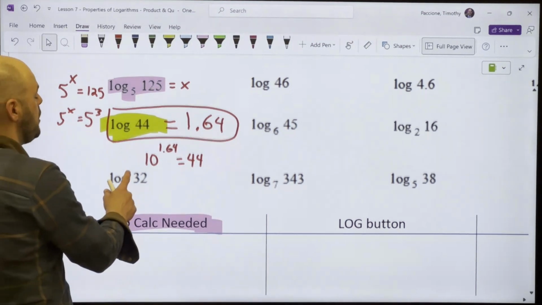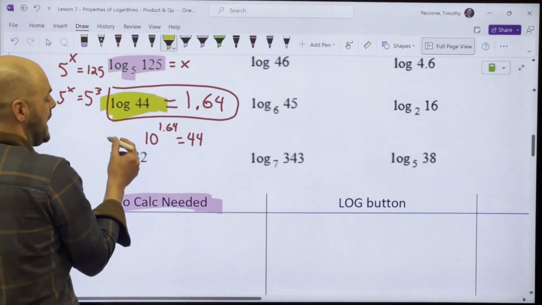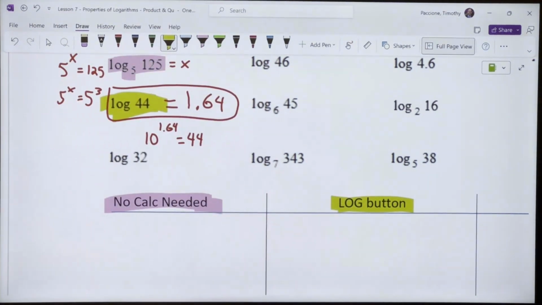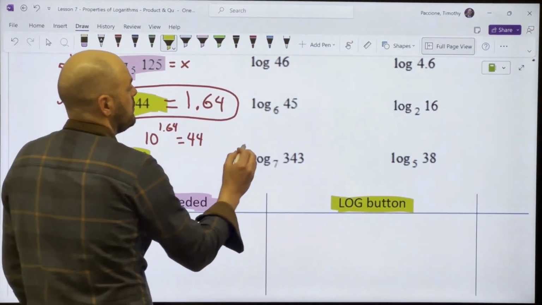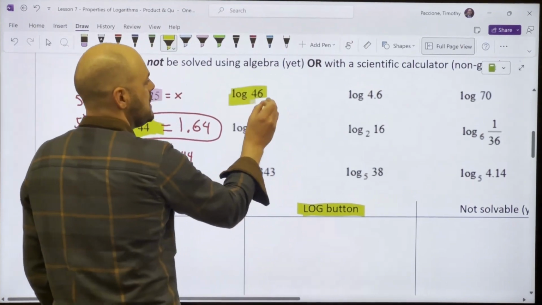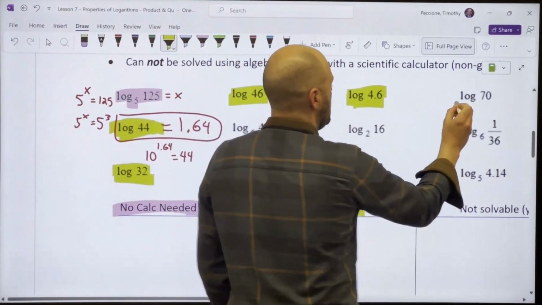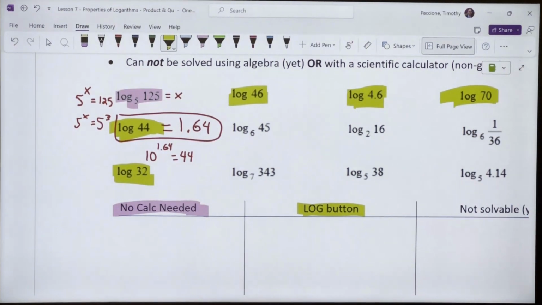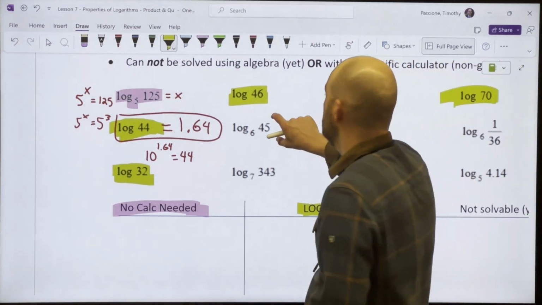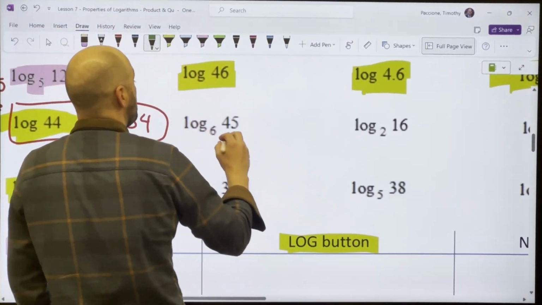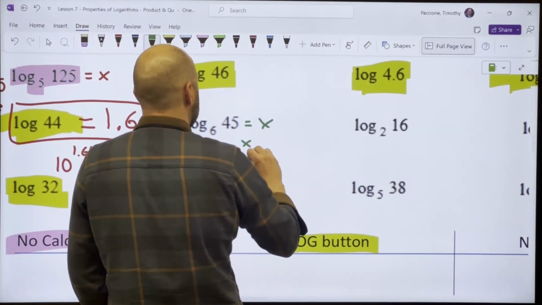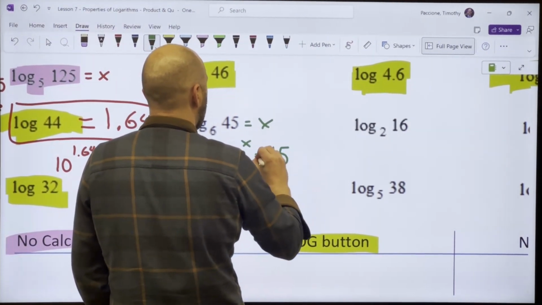Moving along, what do we know is going to happen anytime I have a missing base? We can use the button. So that's this one, that's this one, that's this one, and that's this one. Now the rest of them we have to think, can I do the other thing? For instance, this next one: equals x, 6 to the x equals 45.